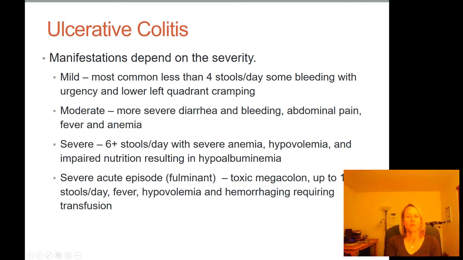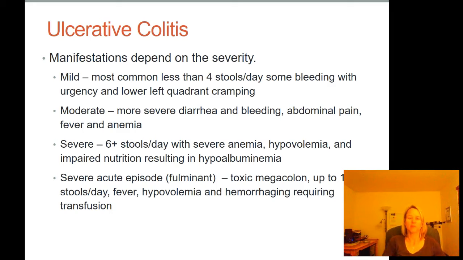Manifestations are going to depend on the severity of the disorder. Mild, which is the most common form, you have less than 4 stools a day with some bleeding and urgency, and lower left quadrant cramping. Moderate, we have more severe diarrhea, bleeding, abdominal pain with some fever and anemia.